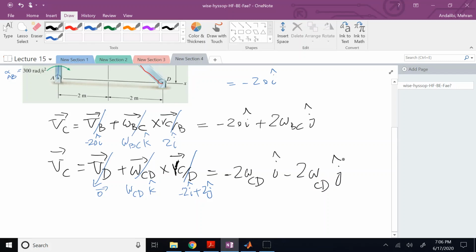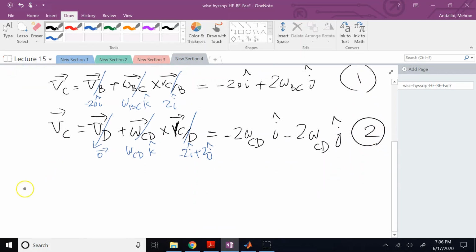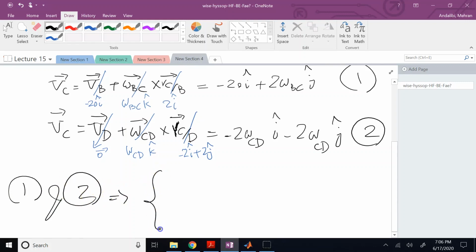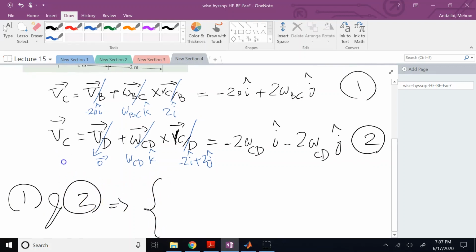Because they're both V of C. If I call this equation 1 and this equation 2, from 1 and 2, what do I conclude? The I components are equal and the J components are equal.